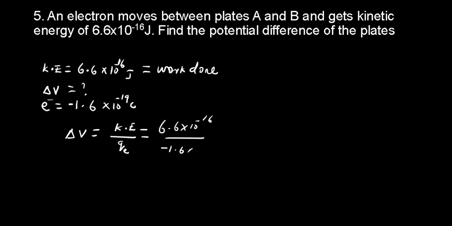But here we are not considering the sign of the electron. So which is going to give us 4,125 joules per coulomb, or 4.1 times 10 raised to power 3 joule per coulomb. Or you can still keep the answer in volts.